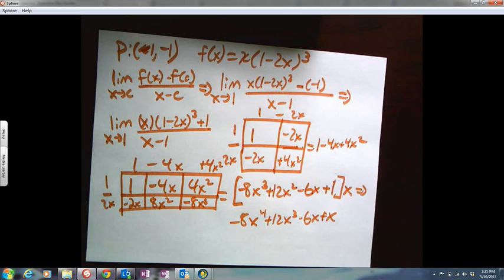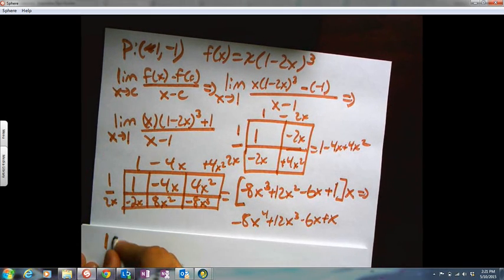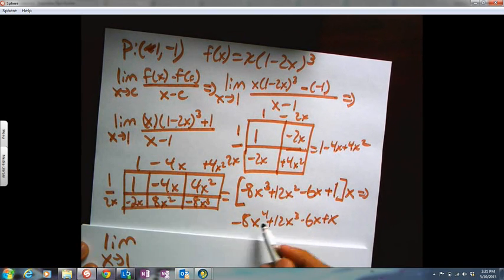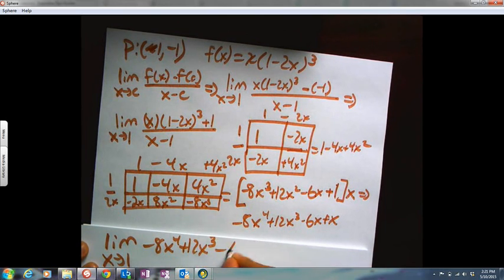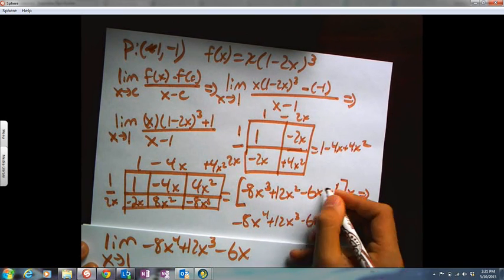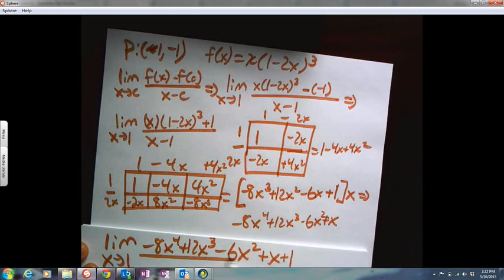Rewriting here, the limit as x goes to 1 of all this stuff on the top, which is this plus 1. So -8x to the 4th plus 12x cubed minus 6x squared, by the way, plus x plus 1, all divided by x minus 1.